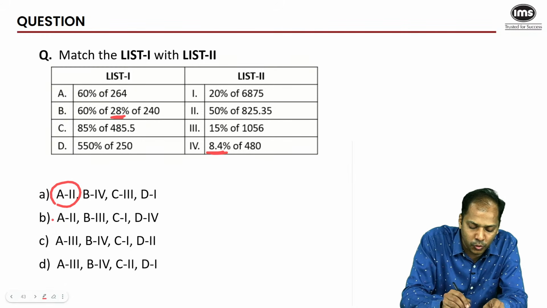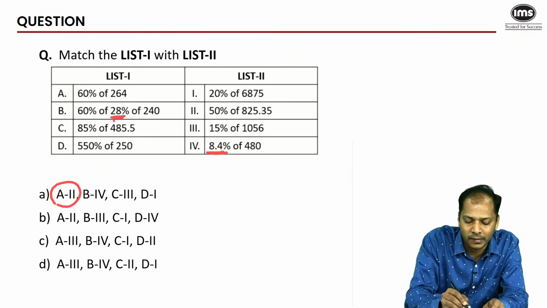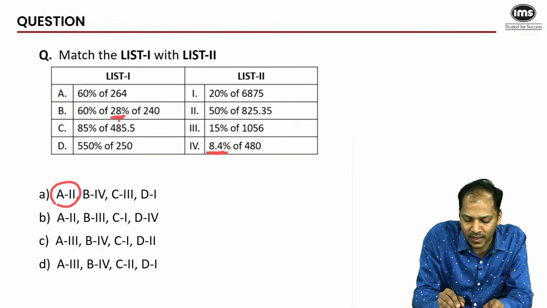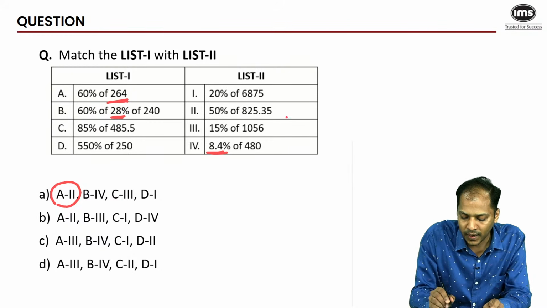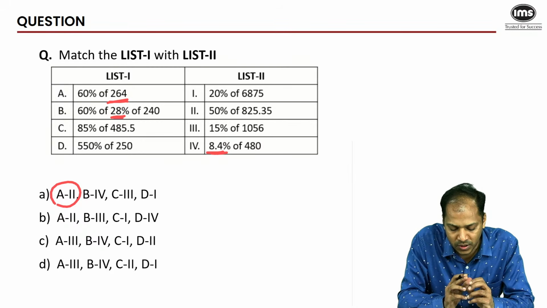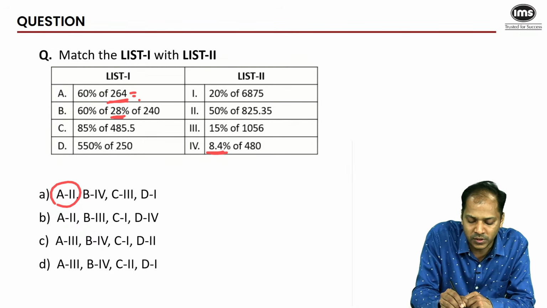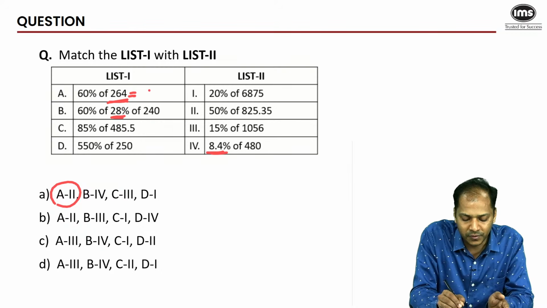A has been matched to 2, A has been matched to 3. So what's the value of A? A is 3/5 of 264, and which one could be 3/5 of 264? So approximately 1/5 is 52.8.